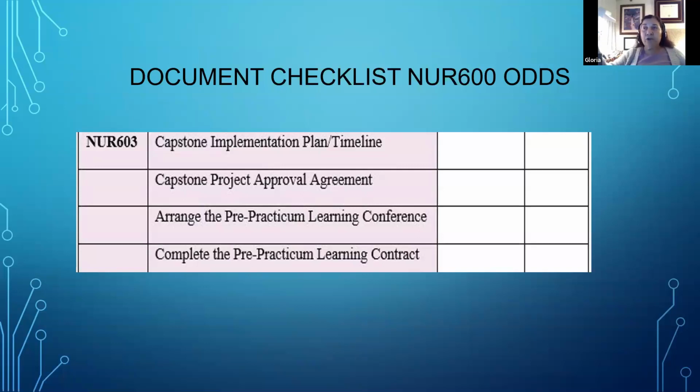In our very first, I think it's week 2, in our odd 600s, there is an assignment where the students need to submit their implementation plan and timeline. And this is also a time for feedback from the faculty of record, who will tell the student that this is not a feasible plan or it is a feasible plan. Capstone project approval agreement. I believe this is the one you're talking about, yes.